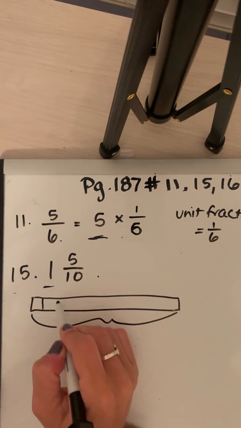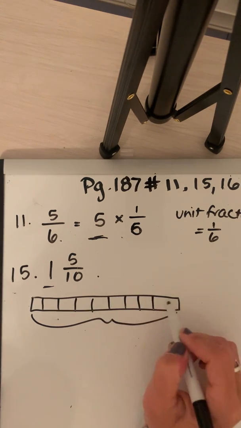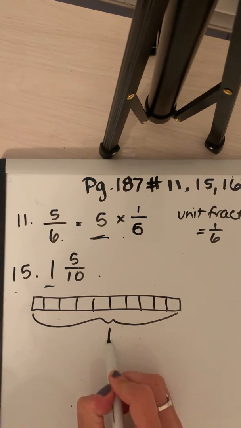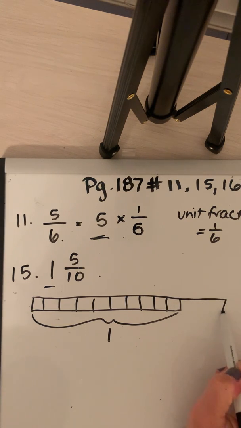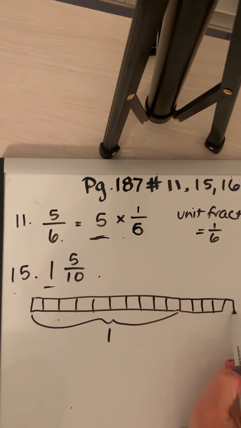So let's say 1, 2, 3, 4, 5, 6, 7, 8, 9, 10, okay? But I have 1, and then I also have 5/10. So I need to add 5 more on here. 1, 2, 3, 4, 5, okay?